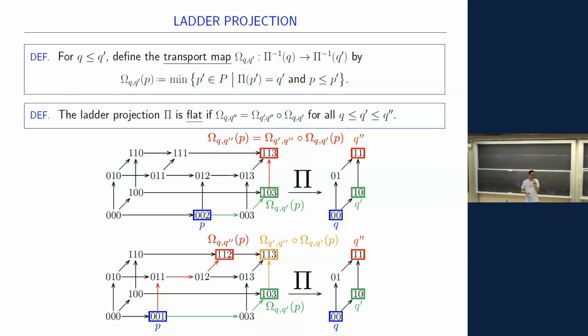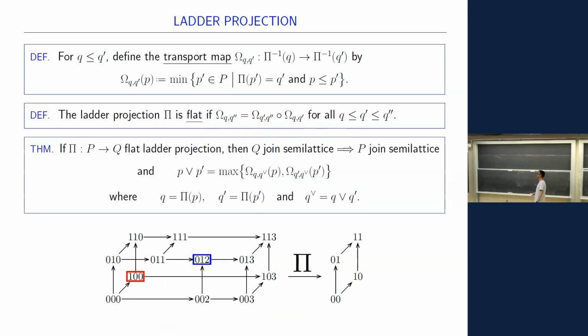You don't want to lose time by making a stopover. On top it works, and on the bottom it does not. If I transport p to q prime, and the result to q prime prime, I obtain this element. But if I transport p directly to q prime prime, I get that element which is lower. So I lose time making this stopover.